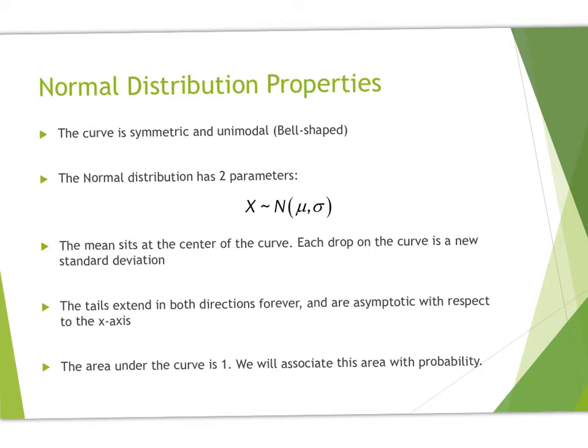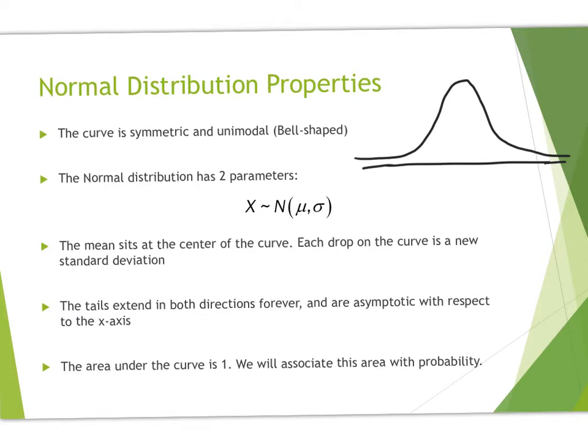The curve is symmetric and unimodal, which means that your curve looks something like this. Remember, a symmetric distribution is any distribution that has tails on both sides, and the mean is equal to the median. But here the curve is symmetric and it's unimodal. Unimodal meaning one mode.